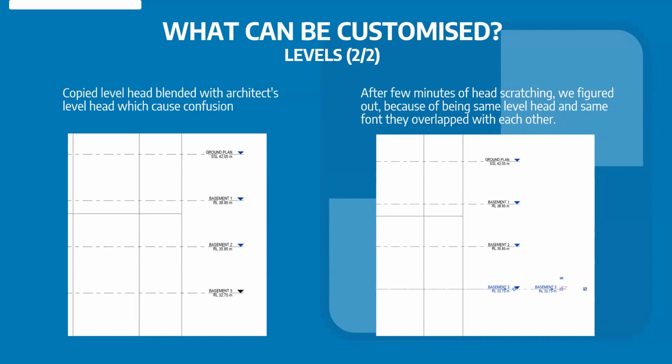When we dragged the level head away from the architect's level head, we figured out, oh yes, we have made it. So this is one example of why you need a custom level head for your structural project. Probably you don't want to overlap with your architect's levels.